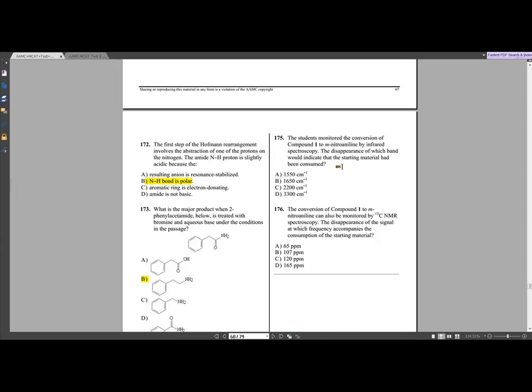So aniline, I think, is the amino group on the phenyl group, or aminobenzene. On the opposite side of the amino group, there is the nitro.